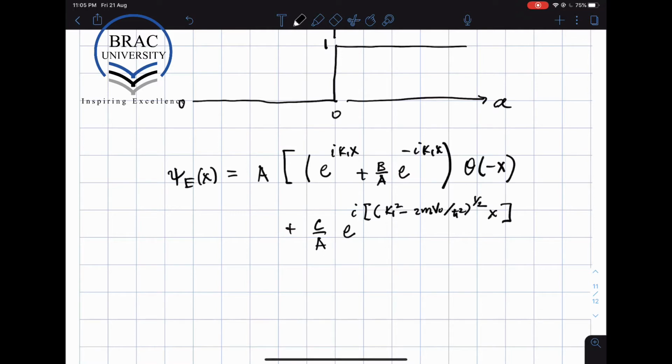So this is k2, and then times theta of x. So this is going to be our energy eigenstate. And now we are labeling our energy in terms of the wave number, so we should really change this label, and we should use the label k1. So this is going to be the energy eigenstate.